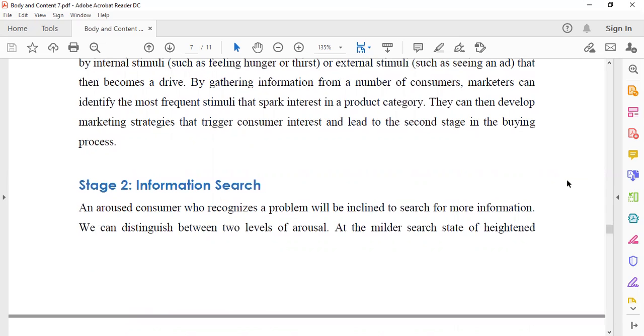You may want to ask questions on the products, the brands that is needed or that there is in the market that will be able to satisfy the need. So an aroused consumer who recognizes a problem will be inclined to search for more information.